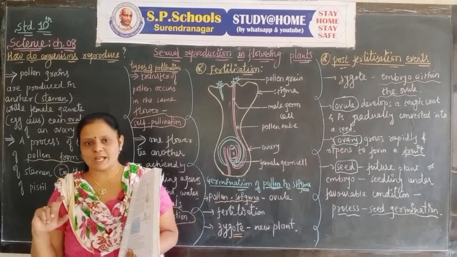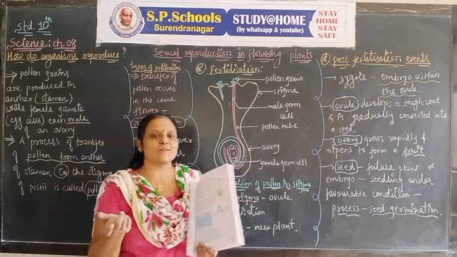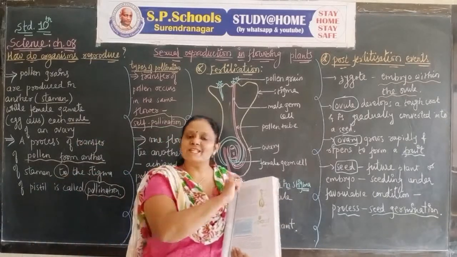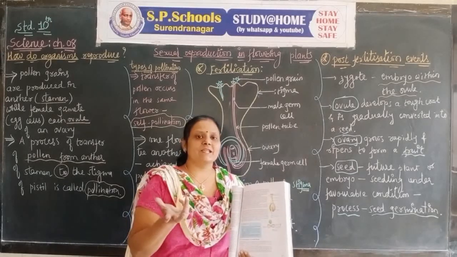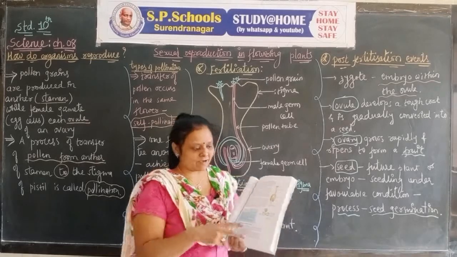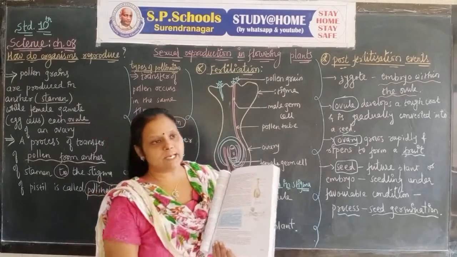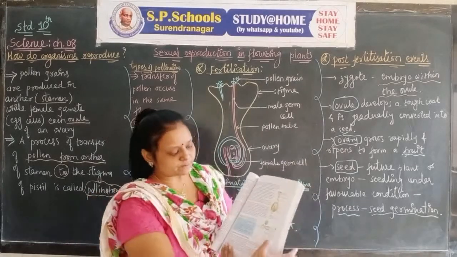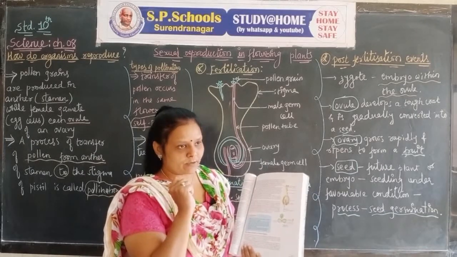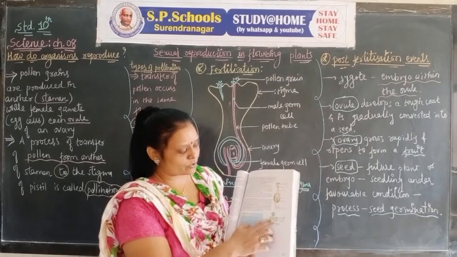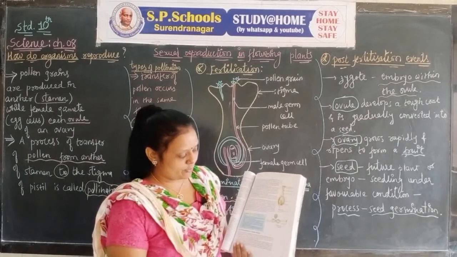In maize, one cotyledon occurs. In chana, two cotyledons occur. Cotyledons have rich nutrients for the process of developing the new plant.